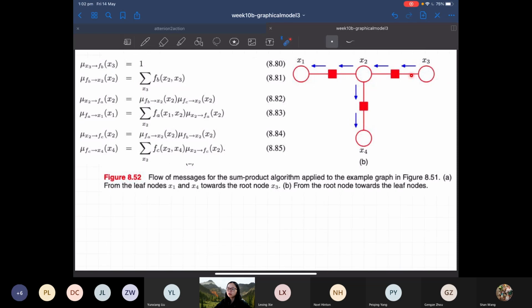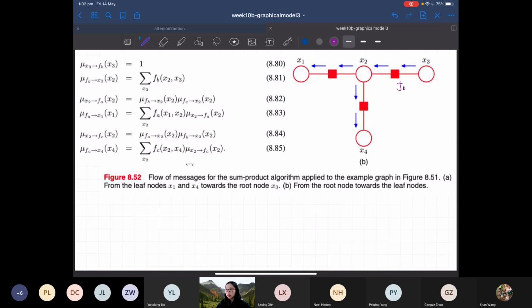If we start from x3, the message E sends is 1, and then the message that FB sends is simply itself with x3 marginalized out, and we can essentially do the same thing until we reach the leaves.